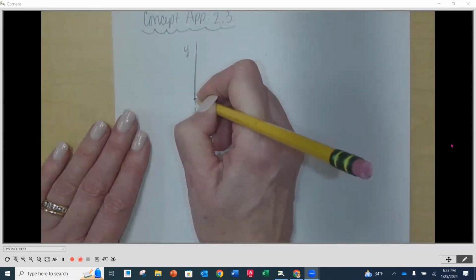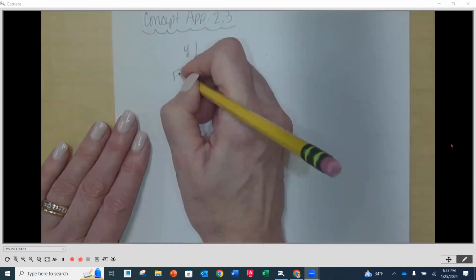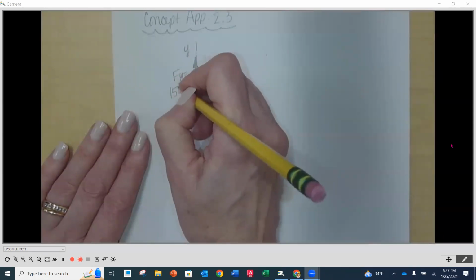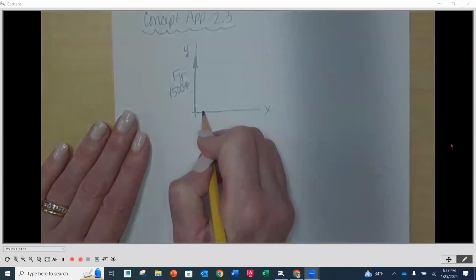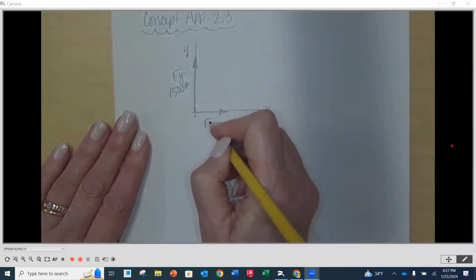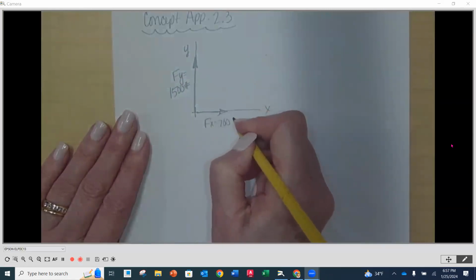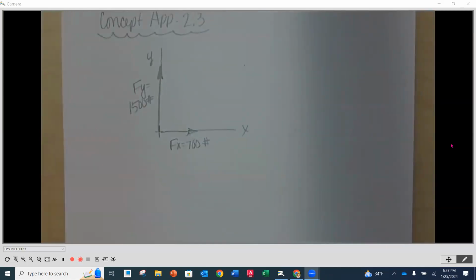On our y-axis, Fy equals 1,500 pounds. And on our x-axis, we have a shorter force. Fx is equal to 700 pounds. All right. And we want to find the resultant.